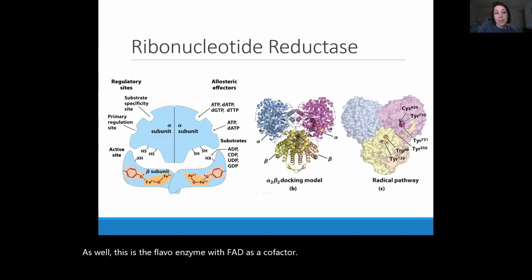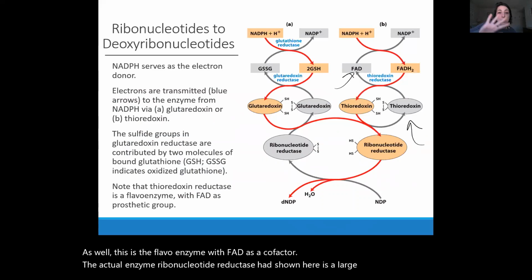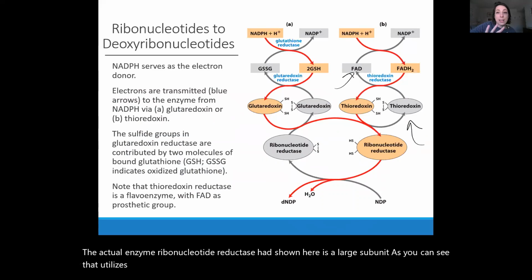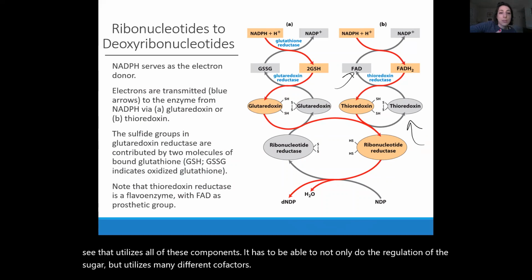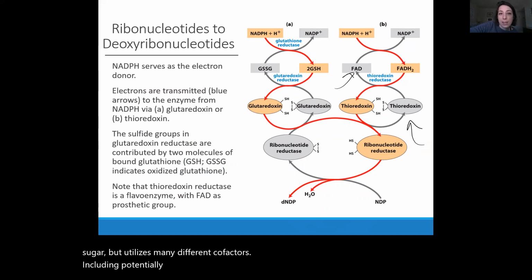The actual enzyme, ribonucleotide reductase, shown here, has a large subunit, as you can see, that utilizes all of these components. It has to be able to not only do the regulation of the sugar, but utilize many different cofactors, including potentially glutaredoxin, glutathione, and NADPH to go through this process.